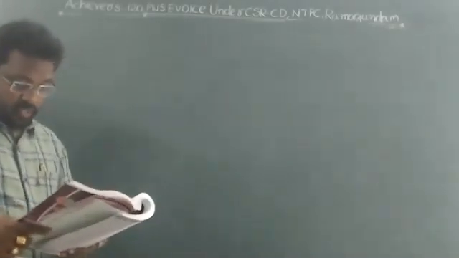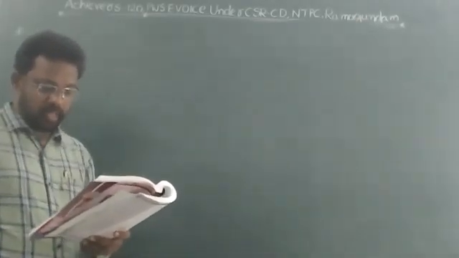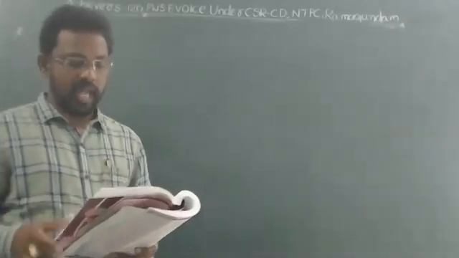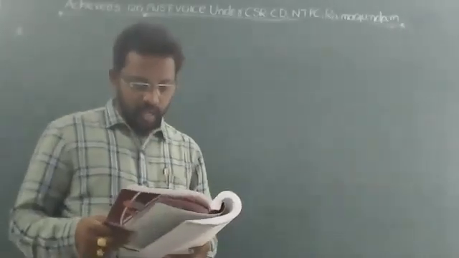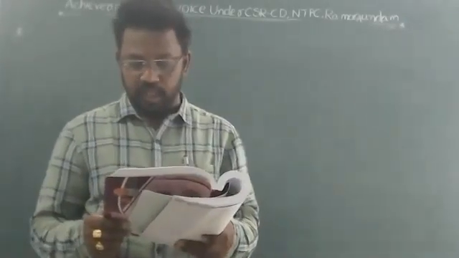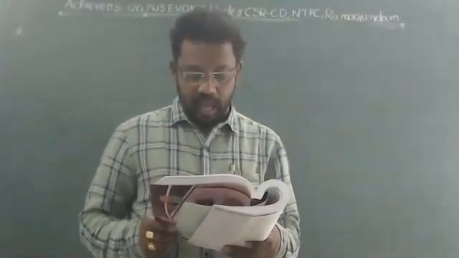A wooden article was made by scooping out a hemisphere. This is the last question from 10.2. A wooden article was made by scooping out a hemisphere from each end of a solid cylinder, as shown in the figure. This is the figure.